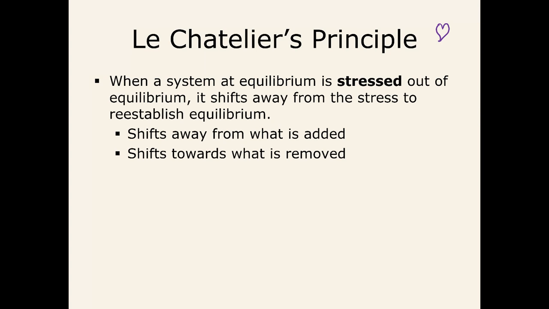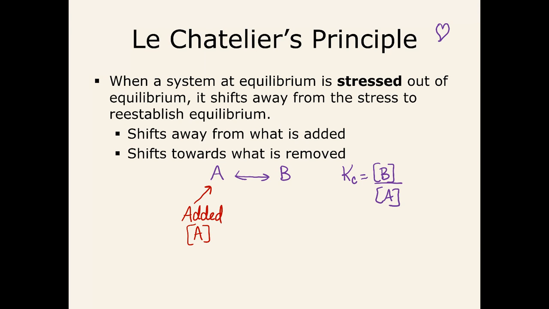So let's say that I have a system in equilibrium. If I add A, then that system wants to get back to equilibrium, and I would have messed it up by adding A. So it's going to shift away from what is added.